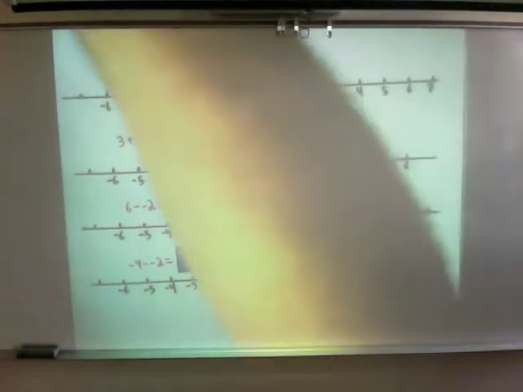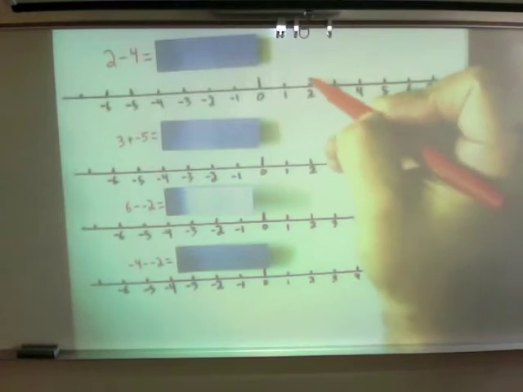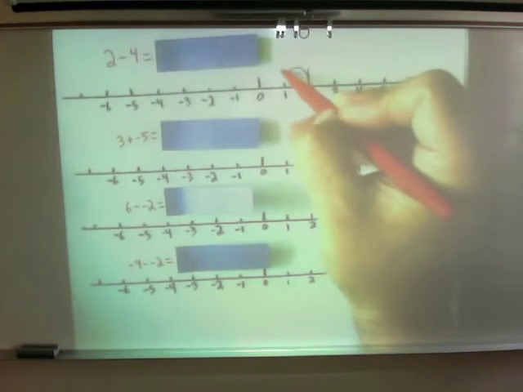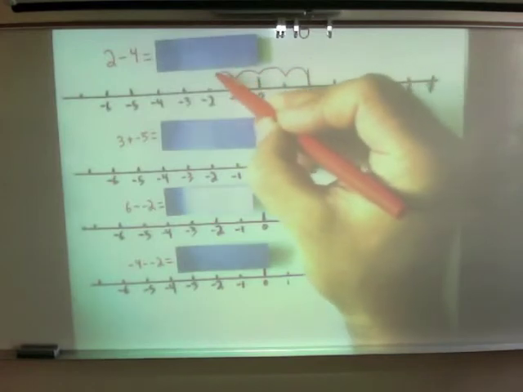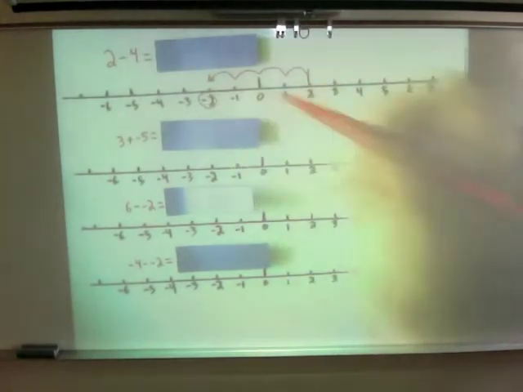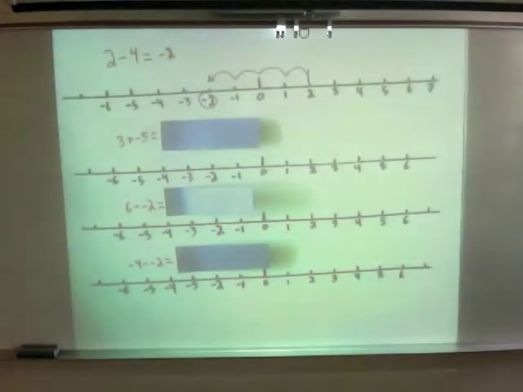We start our line at 2 right here, and we hop over 1, 2, 3, 4 spaces, and we end up at negative 2. Let's see if negative 2 is what it is. Boom, there it is, negative 2.